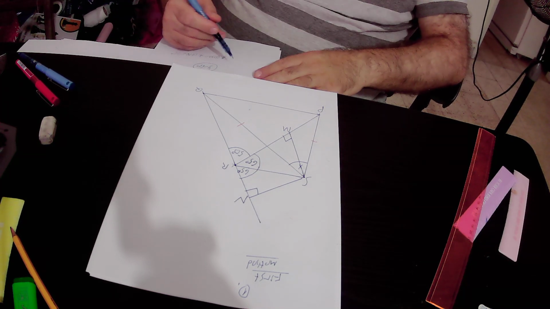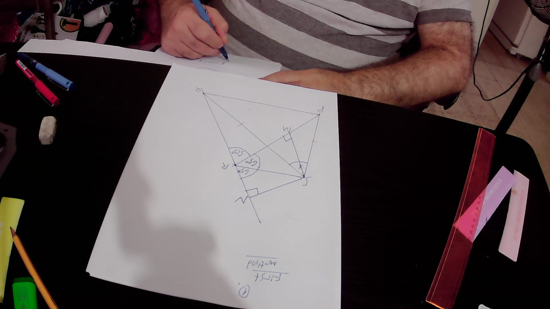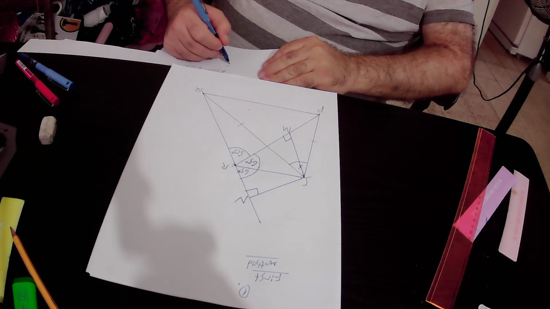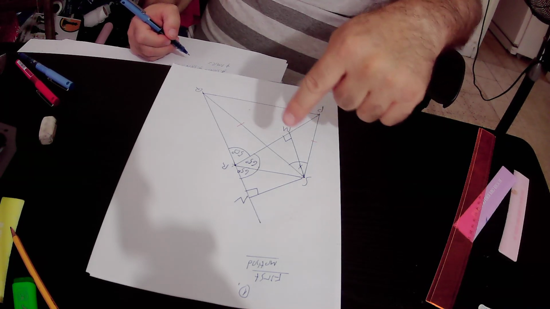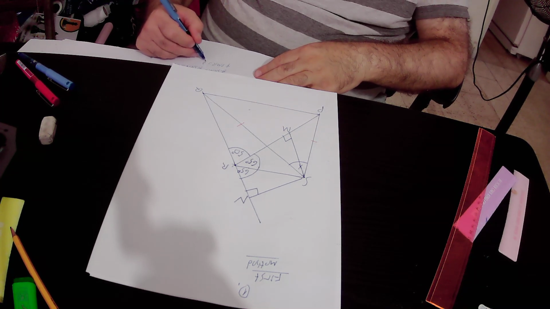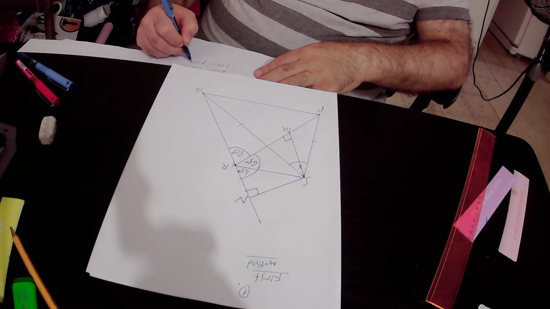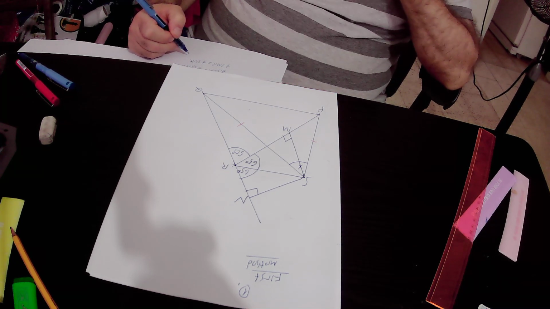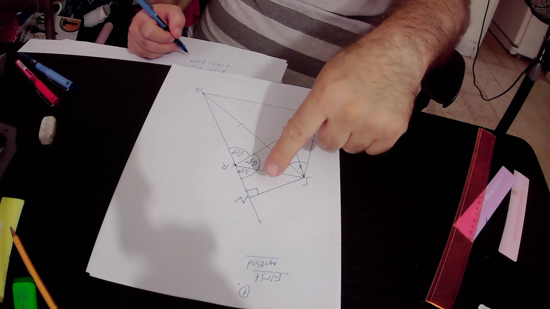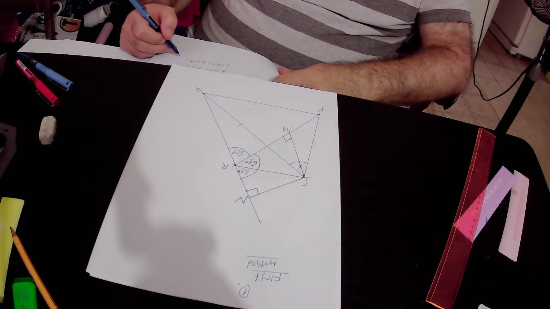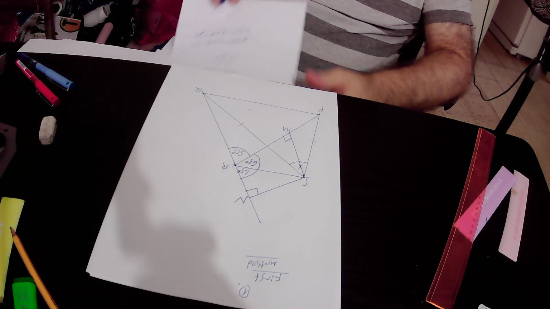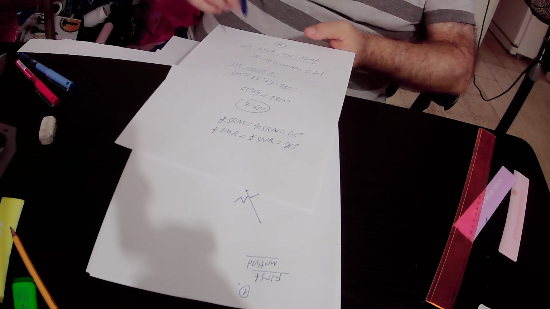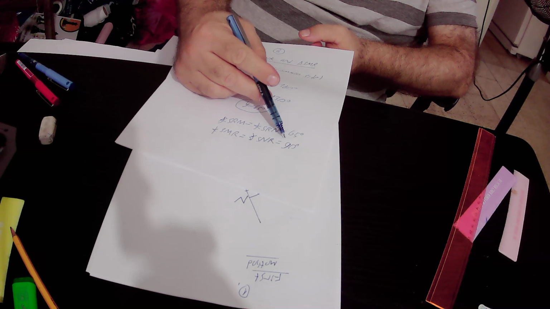Angle SMR equals angle SNR, and both those two angles are equal to 90 degrees.